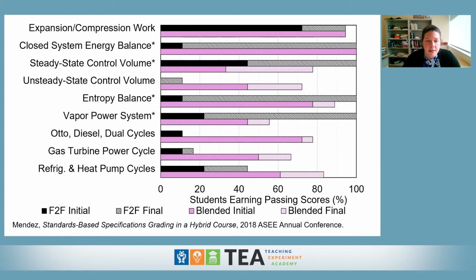So these are all quizzes that were done in person in class, so similar conditions. And the ones that had the asterisks on them are the ones that had to be passed for a grade of C or better when the class was all face-to-face. So that's why all the students passed those.